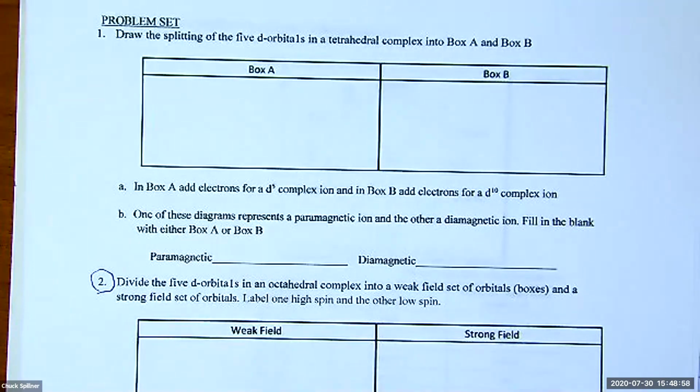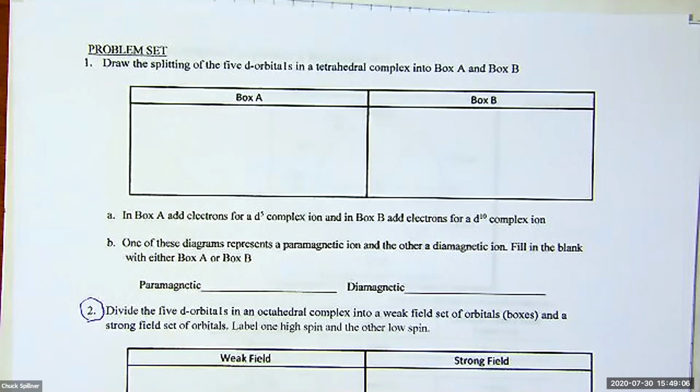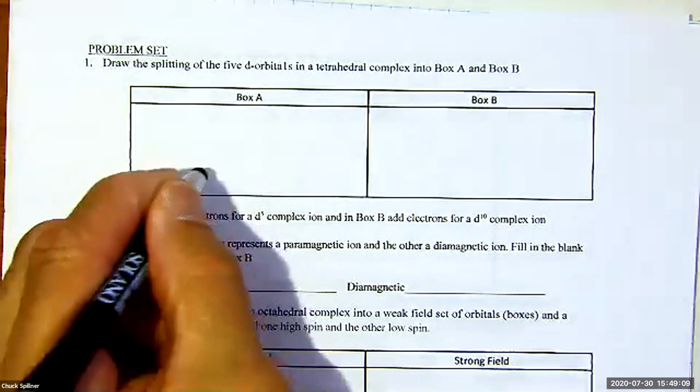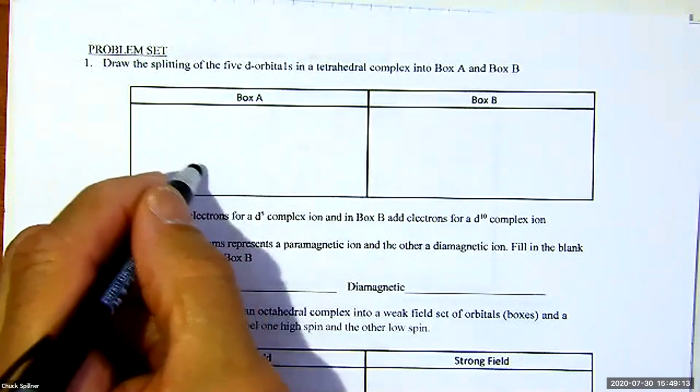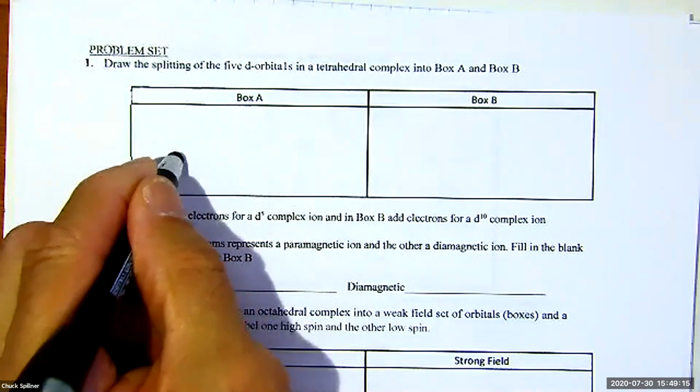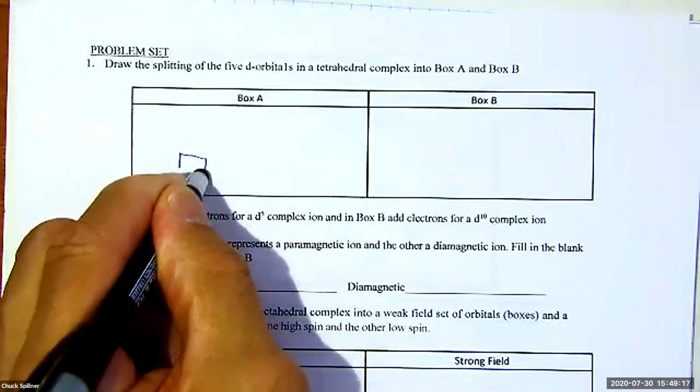So problem set 1, it says, draw the splitting of the 5d orbitals in a tetrahedral complex into box A and box B. So a tetrahedral complex. So you can do lines or boxes, but I kind of like boxes. So I'm going to go like that.